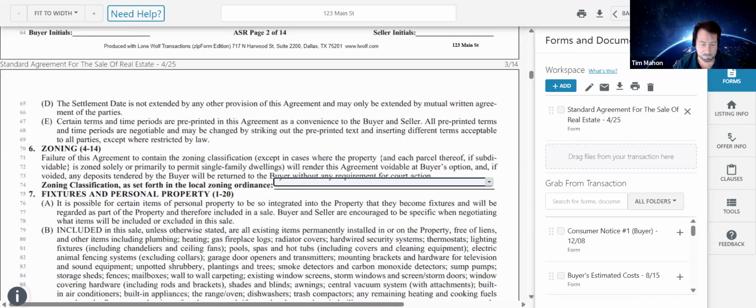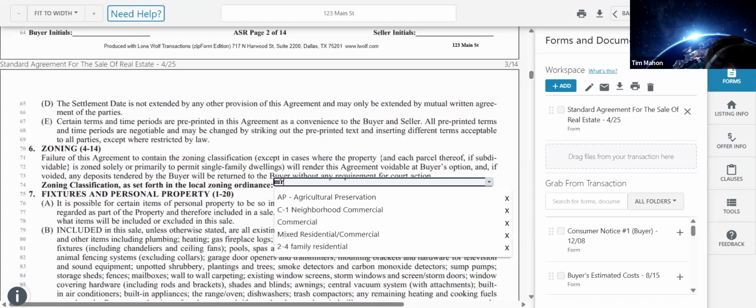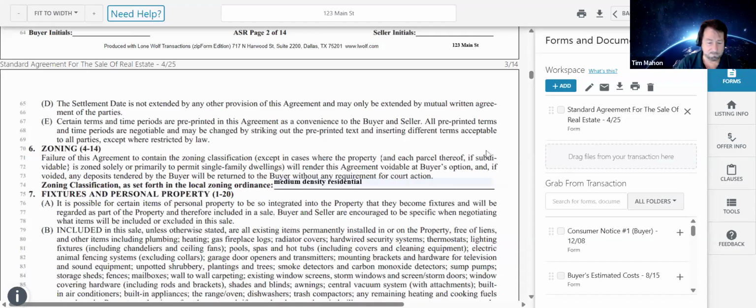So let's just say it could be agricultural, mixed use, but let's call it medium density residential. All right. Whatever it says on the tax record is what you put here.